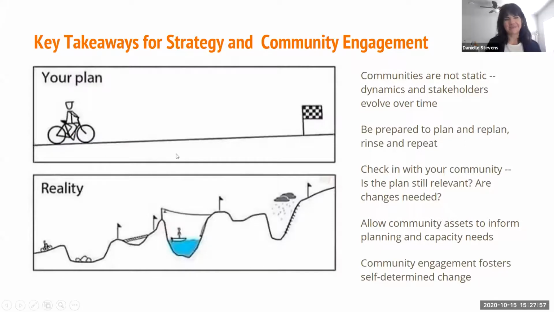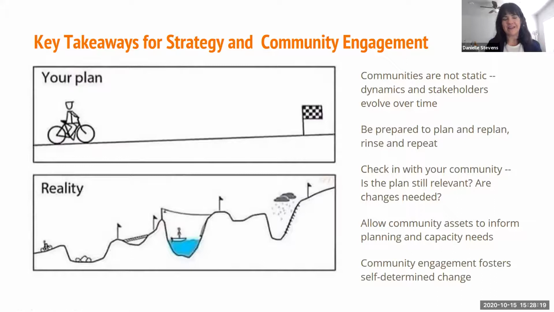When we're planning, in an ideal world, our plans look like the top image, and implementing those plans looks like the top image. They're linear, hiccup-free, no obstacles that get in our way.